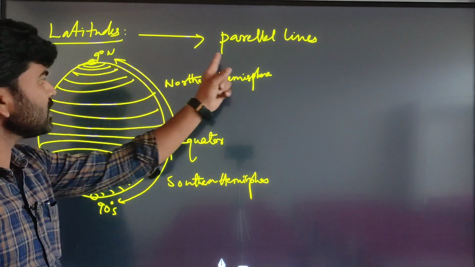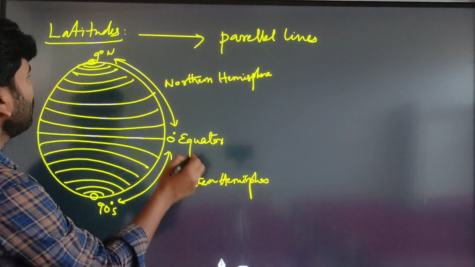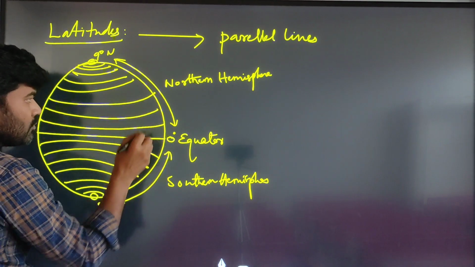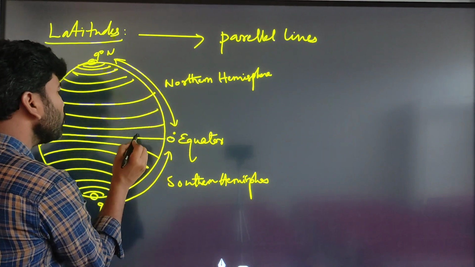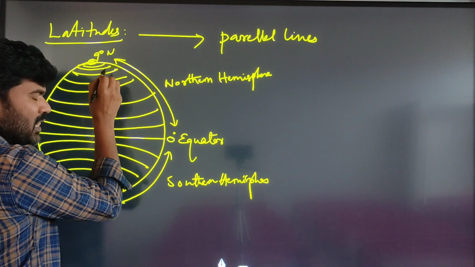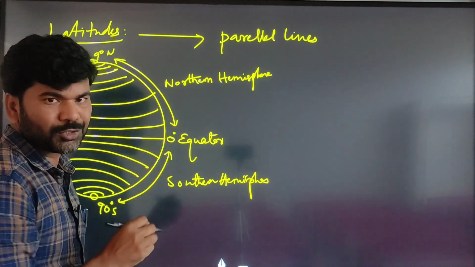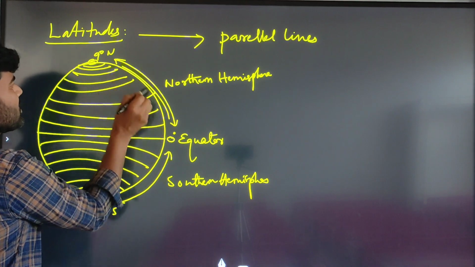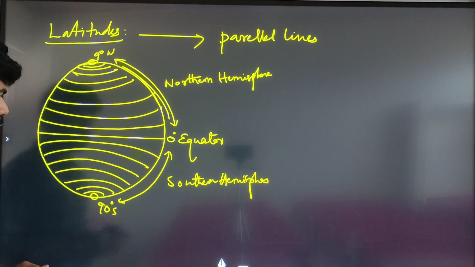From the equator moving towards the poles, the size of the circle reduces.